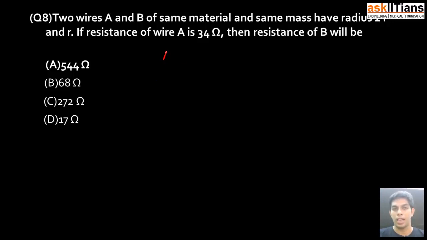It's given that mass of A is equal to mass of B. So I can write that rho, the density, multiplied by the volume of wire A, which is LA into 4 pi r square, the cross-sectional area, is equal to, again the same density, into LB into pi r square, again the cross-sectional area.